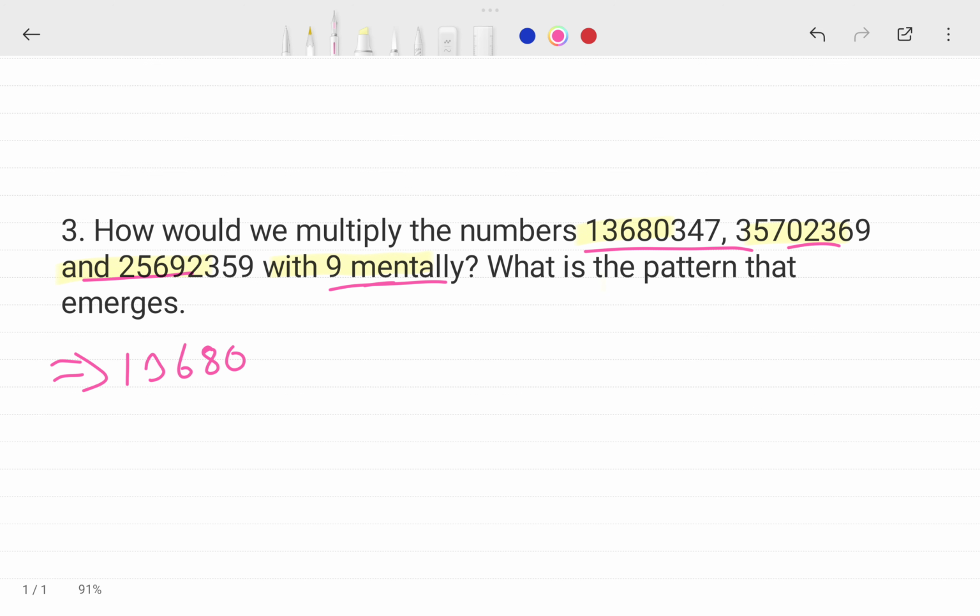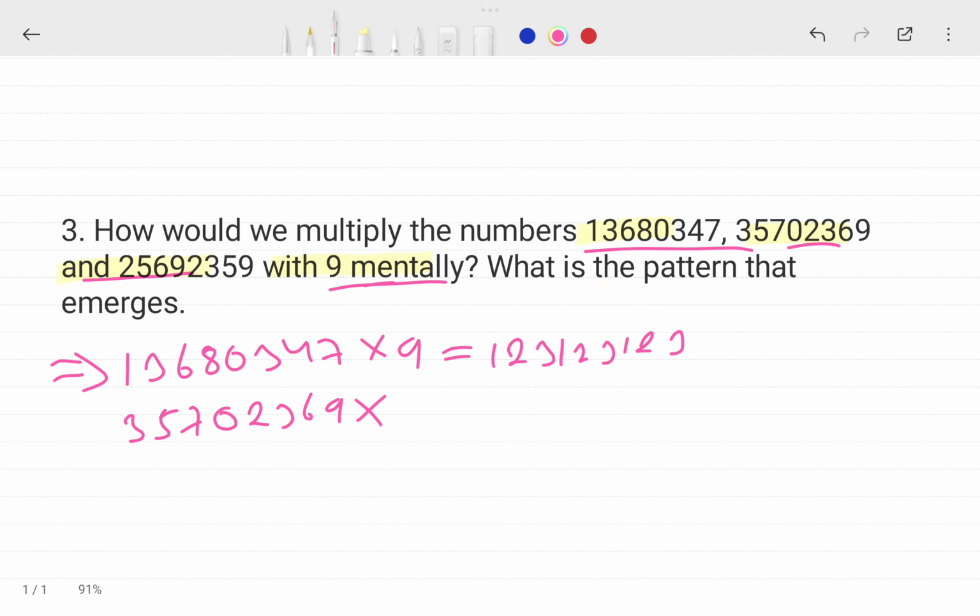13680347 multiplied by 9. If you multiply, you will get a repeating digit pattern like this: 1 2 3 1 2 3 1 2 3. If you multiply 5702369 by 9, you will also get a pattern like this: 321 321 321.